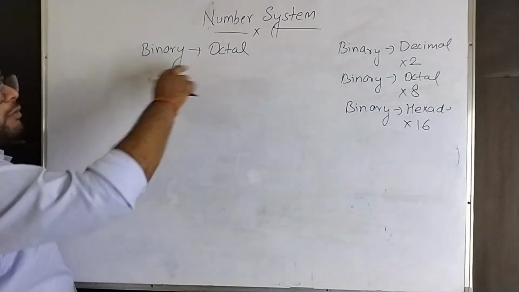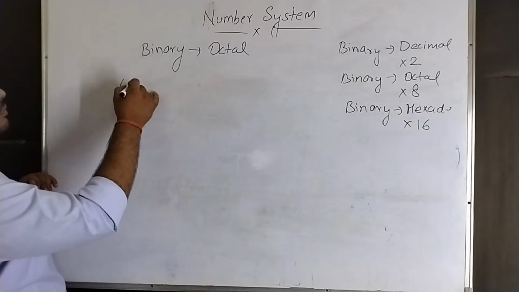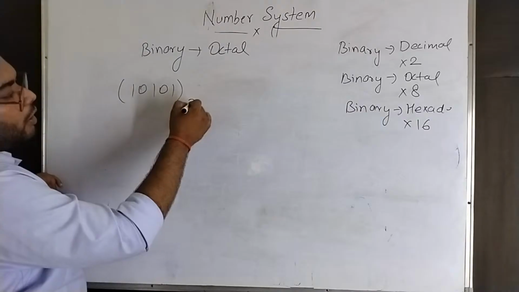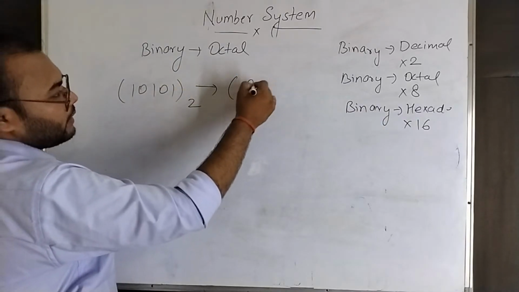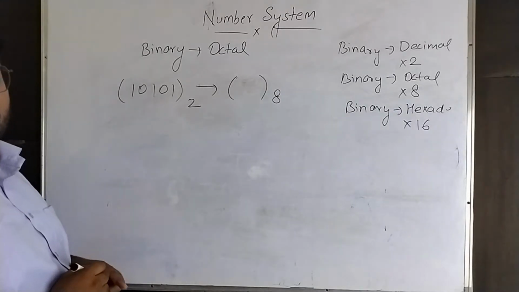Let's see, I'm going to convert from binary to octal. Suppose there is some number 10101 base of 2, and we have to go to base of 8. Clear?